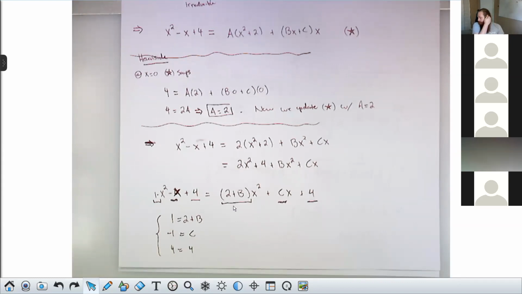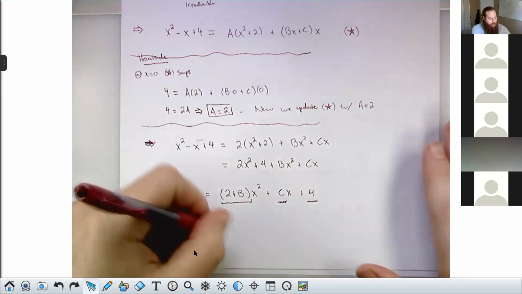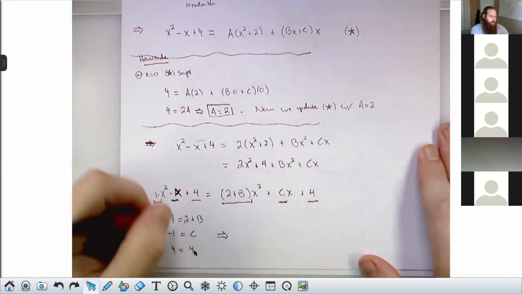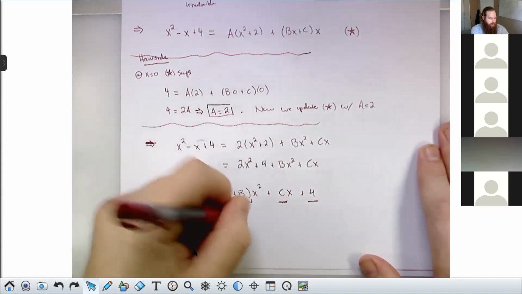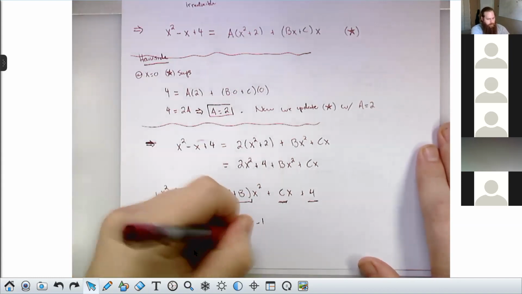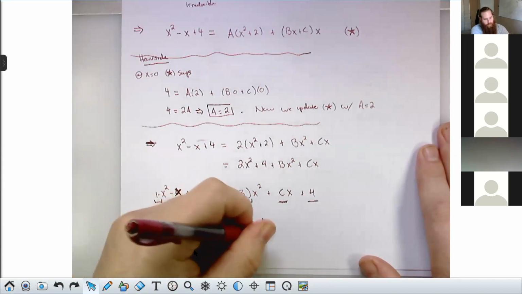The glory of having done the Heaviside trick before doing this is that the linear system which pops out is immeasurably simpler. You don't need any row reduction or fancy matrix methods here. You just solve the first equation for b, subtract 2 from both sides, you get b equals -1, and c here is already solved. C is also -1.